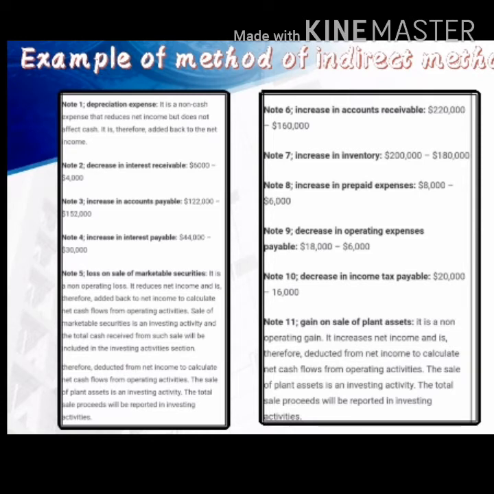Here we should calculate the ending balance, which is $44,000 in the balance sheet, minus the opening balance of interest payable, which is $30,000. So $44,000 minus $30,000, we got the total increase in interest payable, which is $14,000.